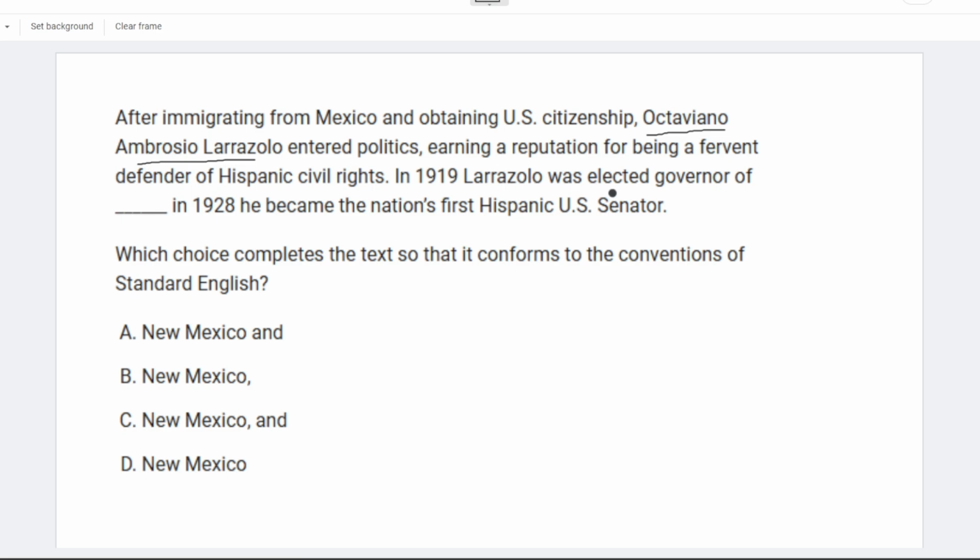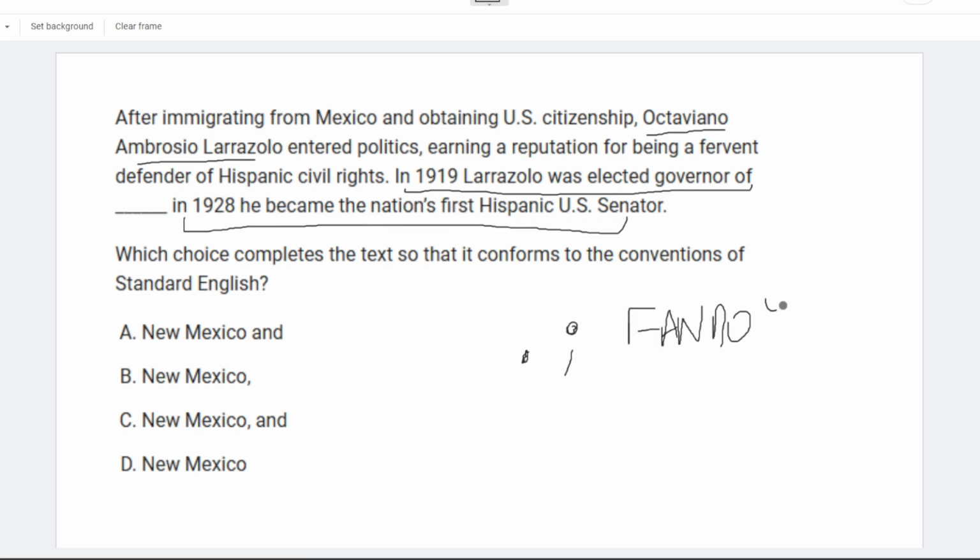In 1919, he was elected governor of New Mexico. In 1928, he became the nation's first Hispanic U.S. senator. Okay, so here I noticed that these are two independent clauses. And what can connect two independent clauses? A period, a semicolon, or FANBOYS. We are not given a period or semicolon, so it's going to be one of the FANBOYS.